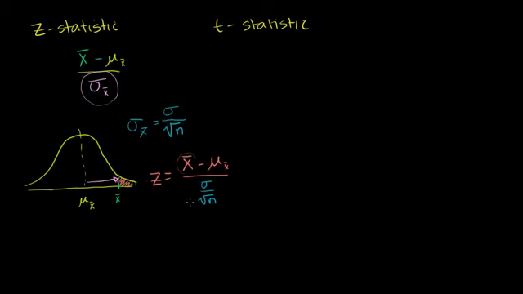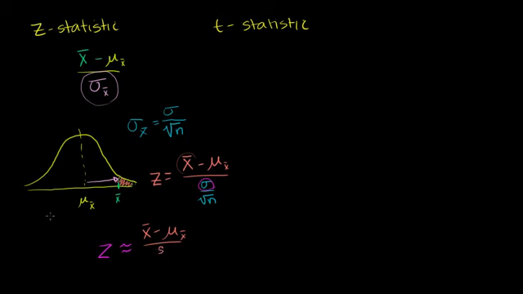Now, normally when we've done this in the last few videos, we also do not know what the standard deviation of the population is. So in order to approximate that, we say that the z-statistic is approximately going to be the numerator over again, over, we estimate this using our sample standard deviation.